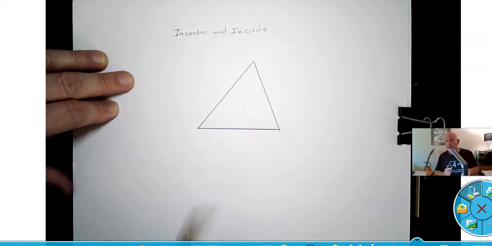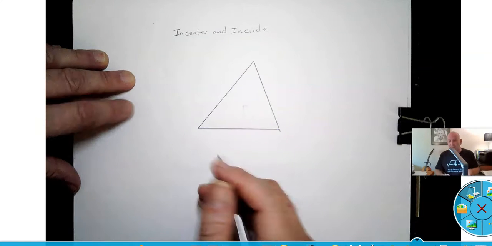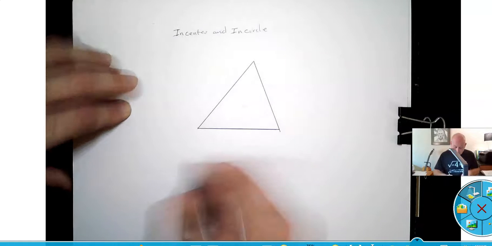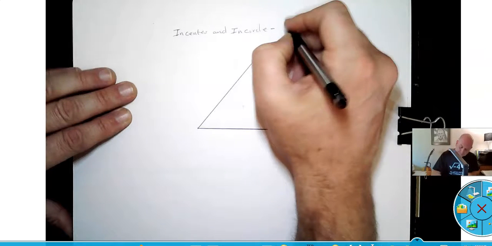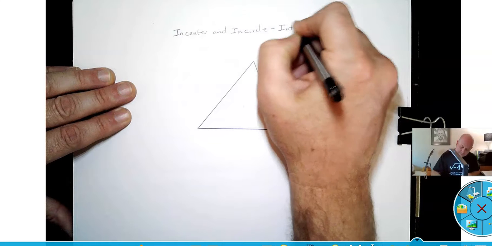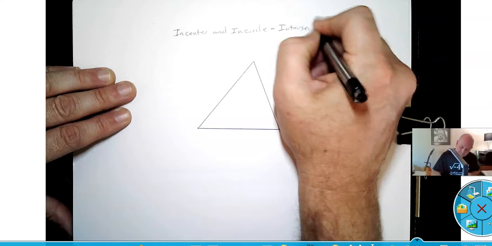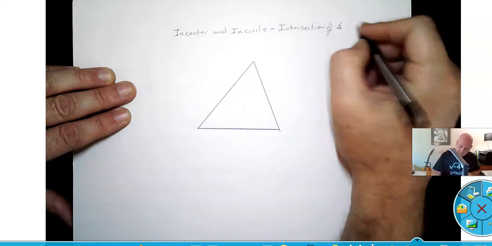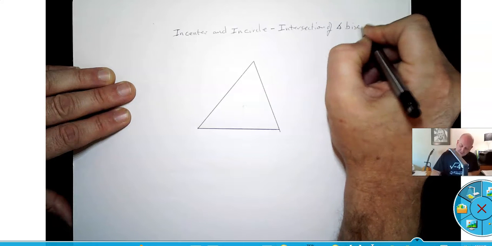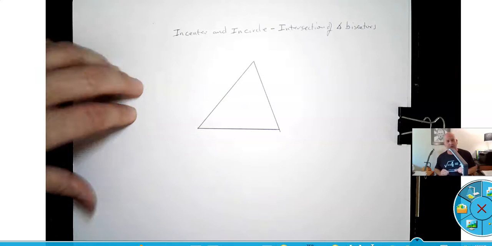Well, the way we end up doing that is actually by using angle bisectors. So the intersection of angle bisectors. I have to watch myself.